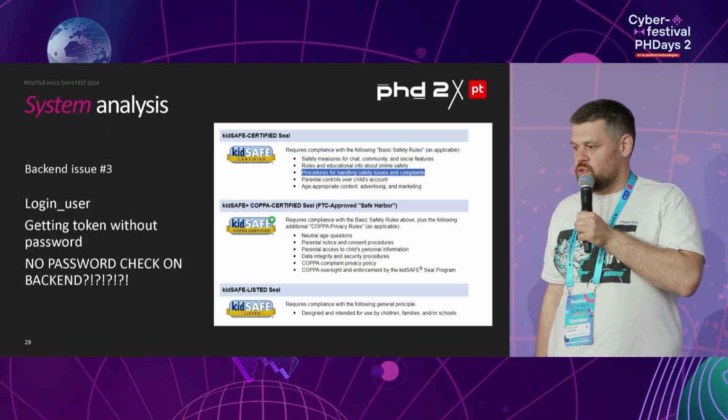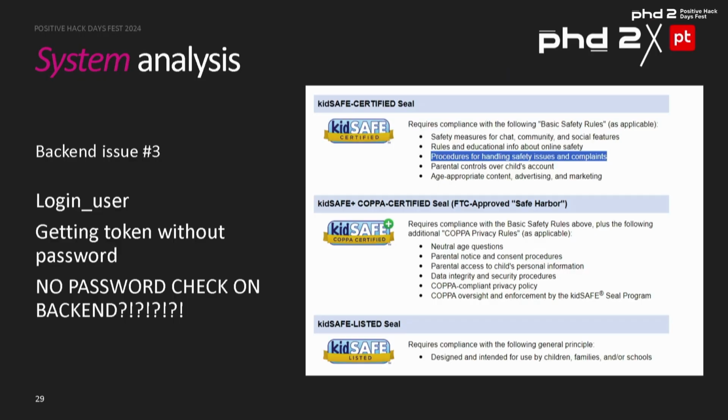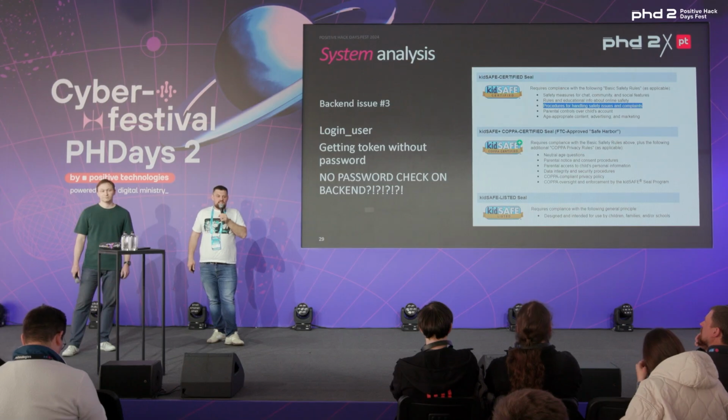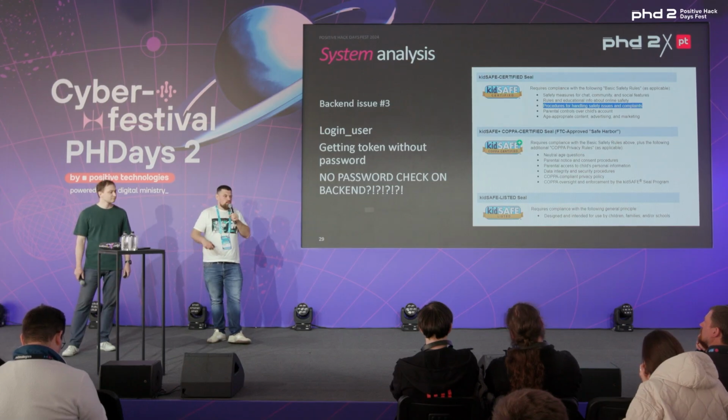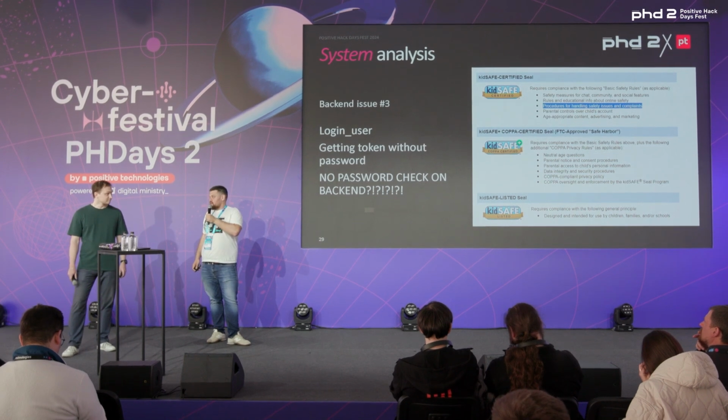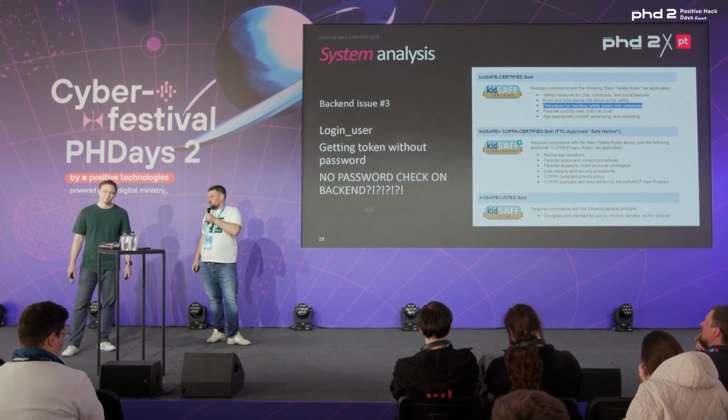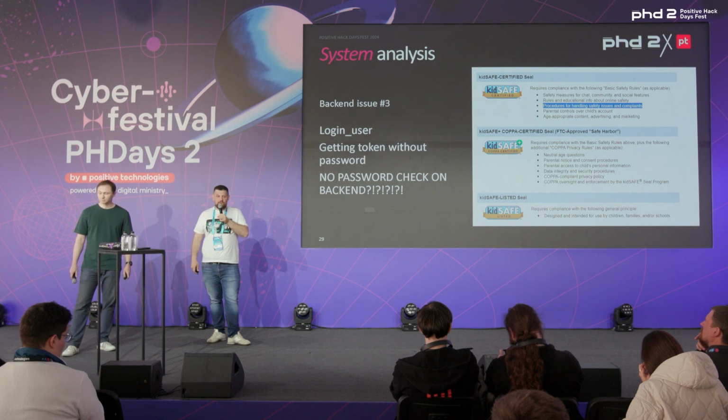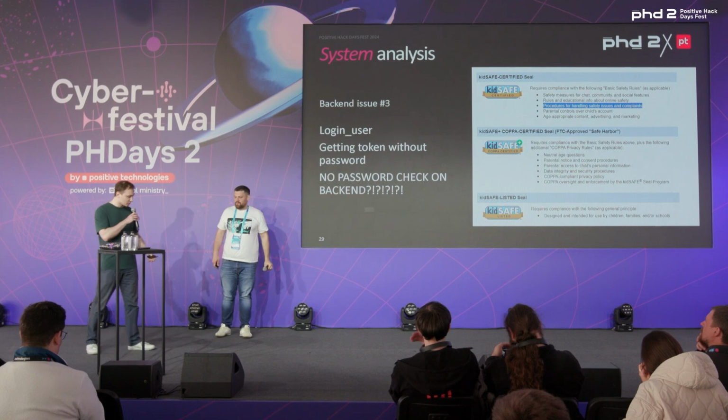And in the beginning, as you remember, we talked about the Kids Safe certificate, yeah? It says that there are some procedures for handling safety issues and complaints, but we haven't seen the whole picture, I'm afraid. And then Alexander will give us some more details about it and some other security issues identified.